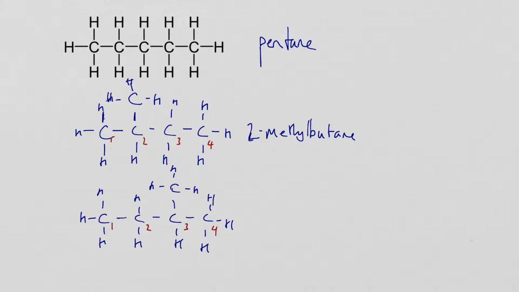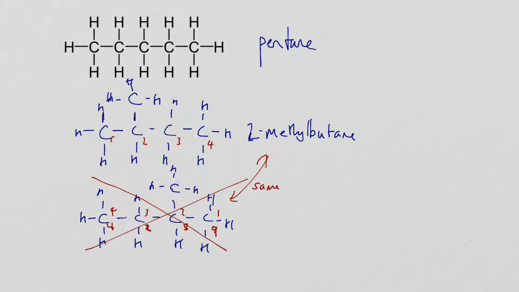But if you think about that, this molecule here, if you were to flip it round that way, it would be exactly the same as this one up here. Another way of looking at it is renumbering it, so that this is carbon number 1, carbon number 2, carbon number 3, carbon number 4. It just means we're looking at the molecule from the other side, we get the same as 2-methyl butane. So it is an isomer, but it's not a new isomer. We've done it already, and we've done it here.